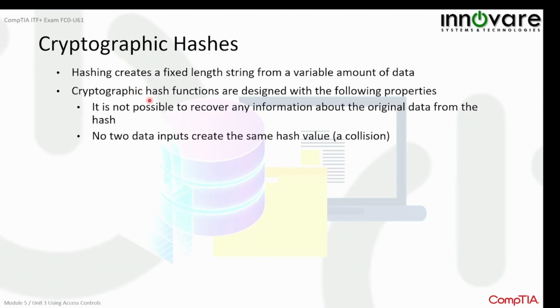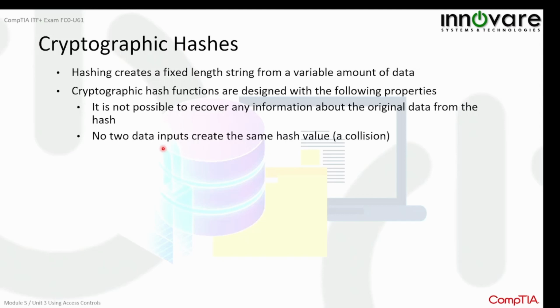So, yung cryptographic hash functions is designed with the following properties, no? It is not possible to recover information about the original data. That's one. And the other one is dapat walang collision, by considering no two data inputs create the same hash value. Kung mag-create ka ng code, if you are doing hashing, walang dalawang keys, ibig sabihin yan.